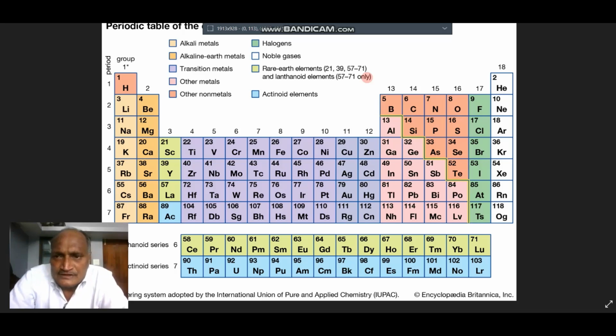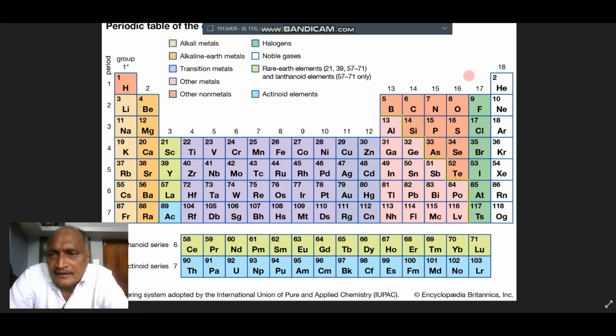Here I am going to say that there is an exception for helium, because when we write the electronic configuration of helium, having atomic number 2, the configuration indicates that it is only 1s2. No electron is left in helium to enter into the p subshell.